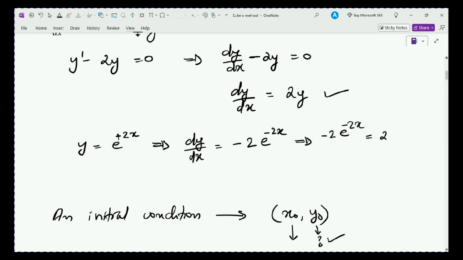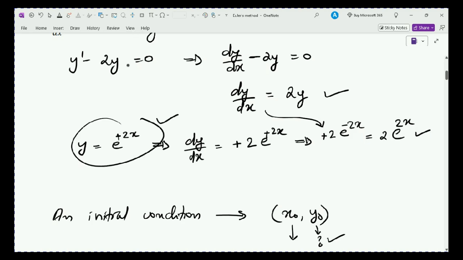Okay, so there will be no minus here, so this will be plus. So this is dy by dx, that is equal to 2y, so 2 into y. Is this the solution, right? Exponential 2x. Okay, so that is satisfied, so this is a solution.